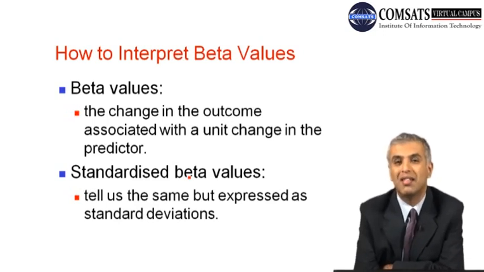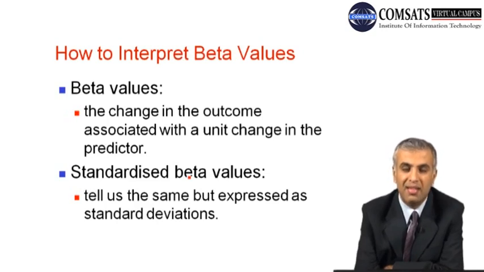In simple linear regression, this is not of much use, because we have got only one variable at our disposal. So we don't have to compare that variable with others. That's why even the report of that variable in standardized form is sometimes not that important. But in multiple regression, it is quite vital that the standardized beta values should also be reported.